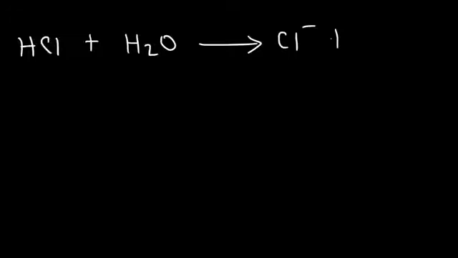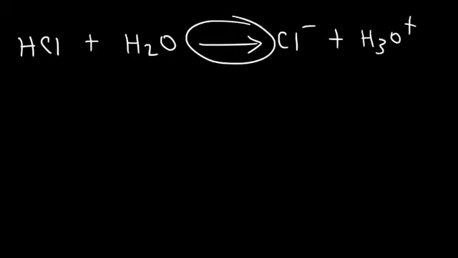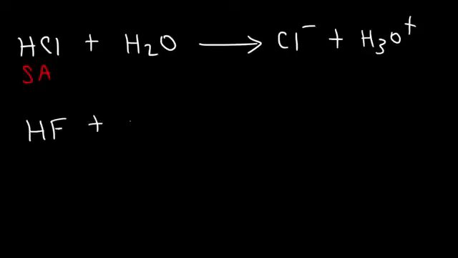Now, you need to know how to write chemical reactions with strong acids and weak acids. We went over the example with HCl and water. Because HCl is a strong acid, it ionizes completely into chloride and hydronium ions. So notice that I have a single arrow. That's the way you need to write the chemical reaction if you're mixing a strong acid in water. Now, if you're mixing a weak acid with water, it doesn't ionize completely.